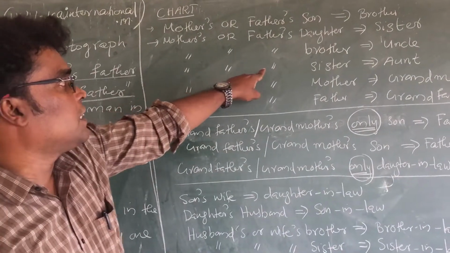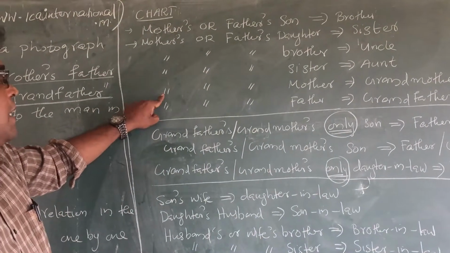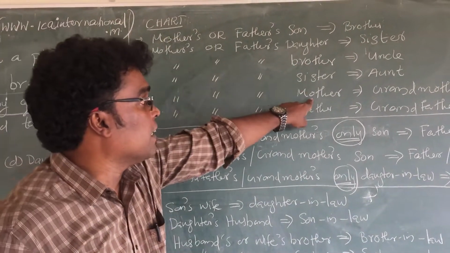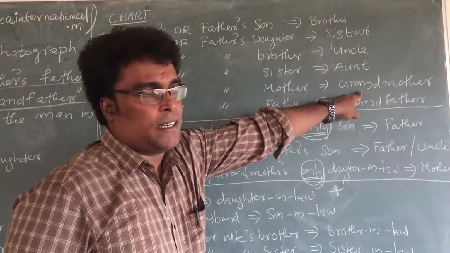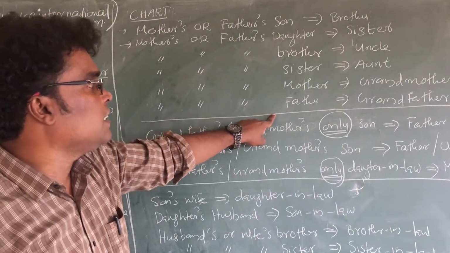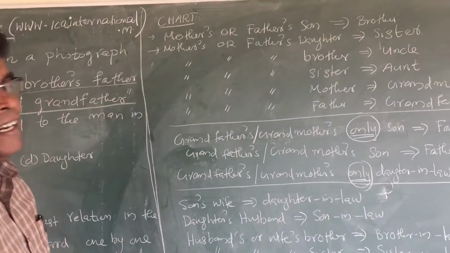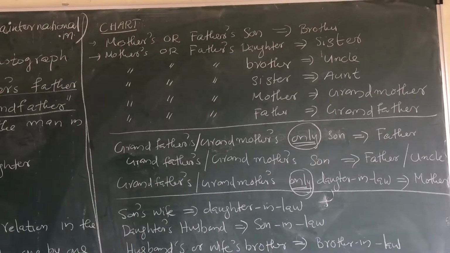Mother's or father's sister is aunt. Mother's or father's mother means grandmother. Mother's or father's father means grandfather. All these are simple relations, very familiar to us.